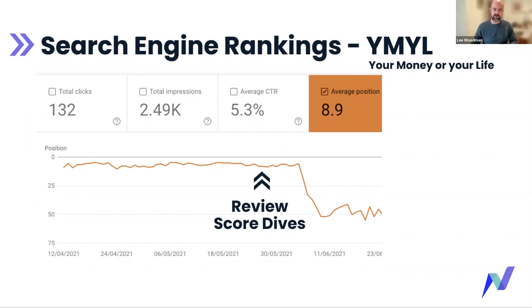The delivery of the product was very time sensitive, and the delivery company couldn't handle that. Their review score went from like 4.5 to, I think, 2.5. Now, bear in mind, they're in the YMYL space. About 2 weeks later, this happened to their Google search rankings. Literally went off a cliff.